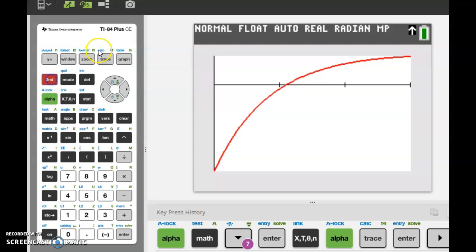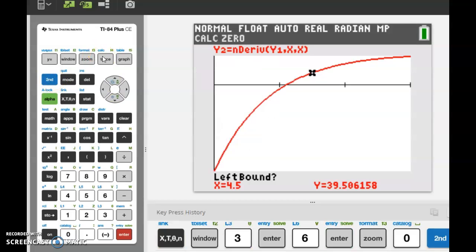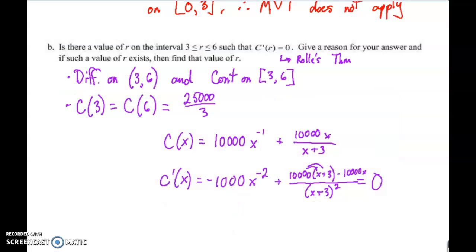And then we can hit second trace to find 0. Just move your cursor to the left, enter, to the right, enter. I'm pretty close in there. You get 4.098, x or c if you follow, or r, I guess, in this problem.